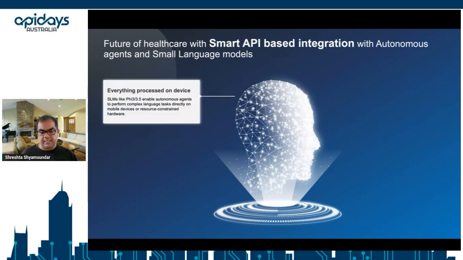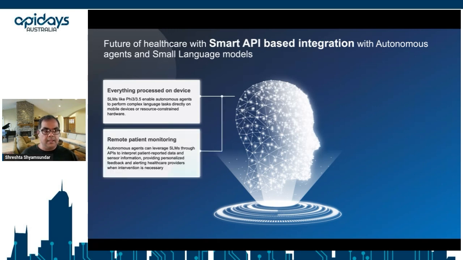And one of the things that I can see as a value here is that everything is able to process on device. So with these small language models, you are able to enable complex language-based processing along with chat on some of these resource-constrained devices, which previously would have required a data center, a large piece of compute to do.